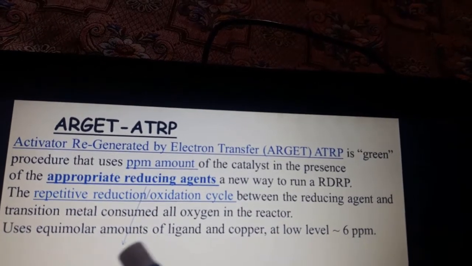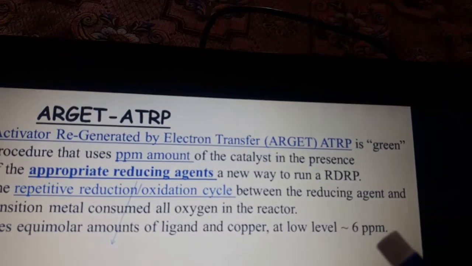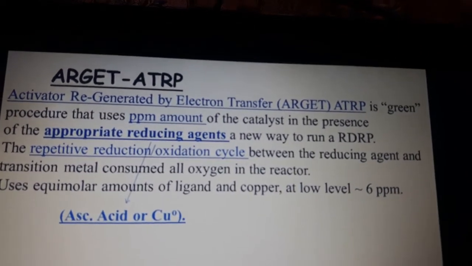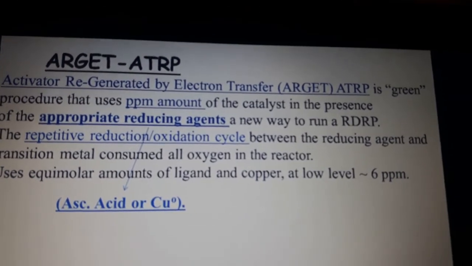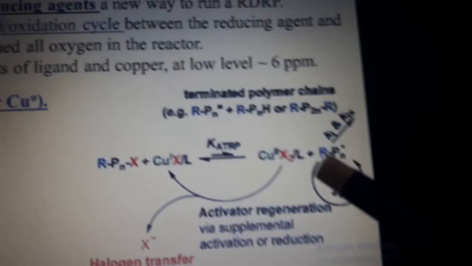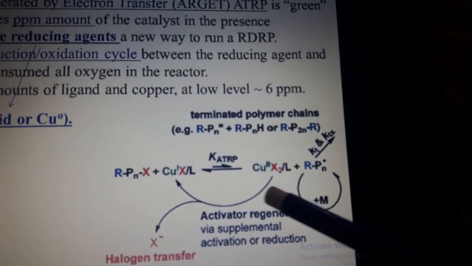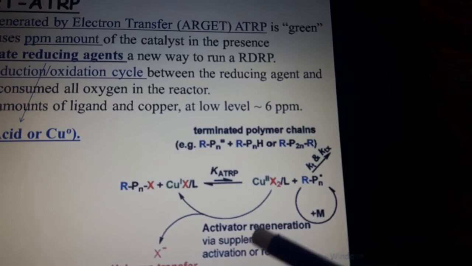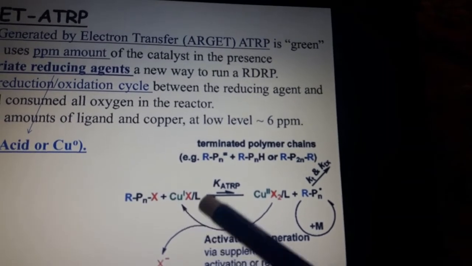It uses equimolar amounts of ligand and copper. The catalyst level is low, 6 ppm or in the ppm range. Ascorbic acid is used as a reducing agent, or a metal wire can also be used as a reducing agent. So here the deactivator is activated by adding a suitable reducing agent, and we have the activator generated here.